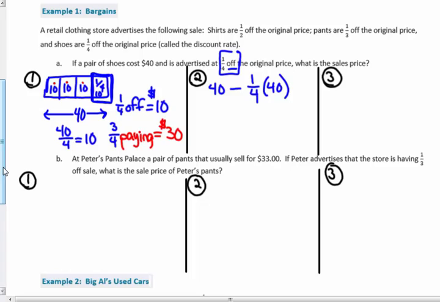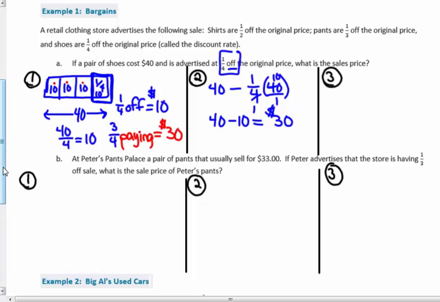I'm multiplying there. So 1/4 times 40, I could put a 1 over that. 1 times 10 is 10. I'm going to do 40 take away 10. Yes, I'm taking $10 off when I save 1/4 of 40. So doing it just by an equation, not in pictures, not actually literally taking one of the 4 bars away, but just using the math, 1/4 of $40, taking it off, would be $10. And yes, I would pay $30. You're paying 3/4 of it.